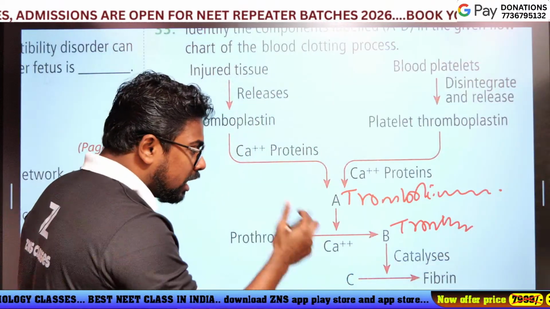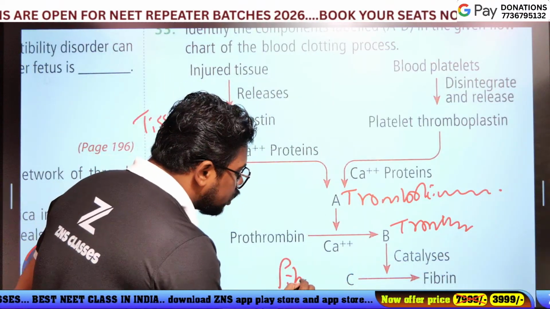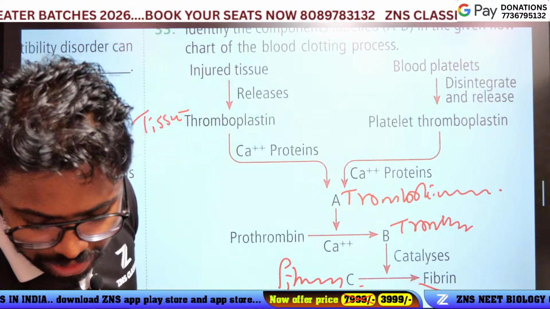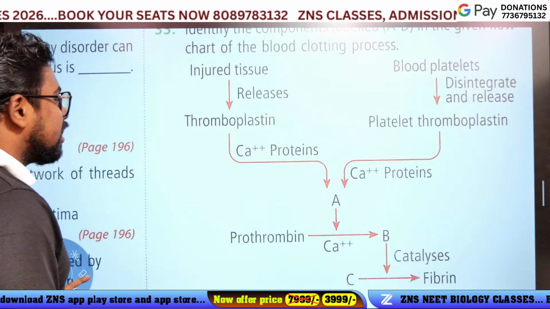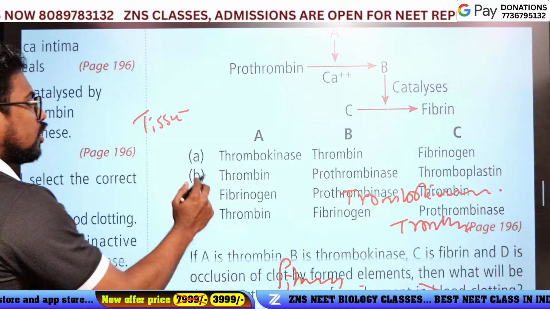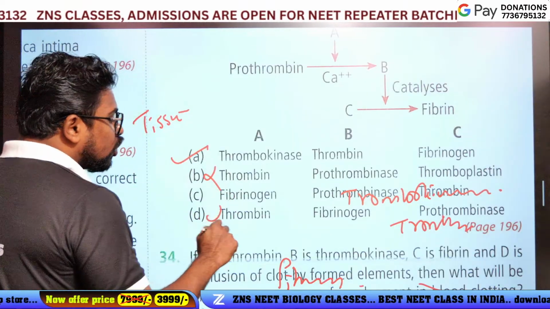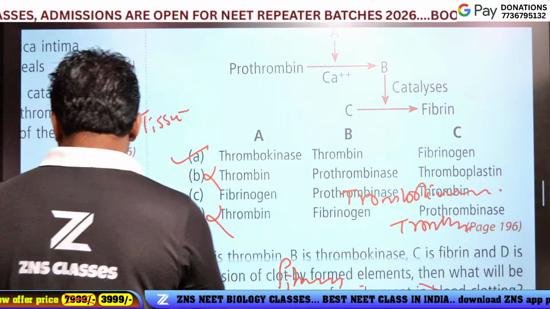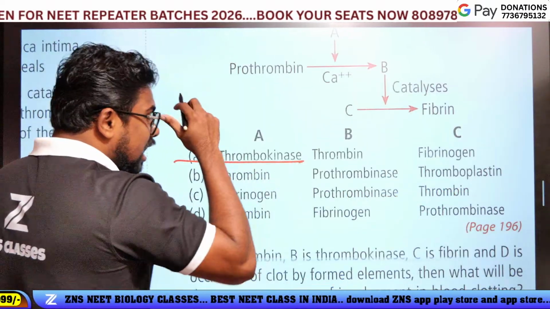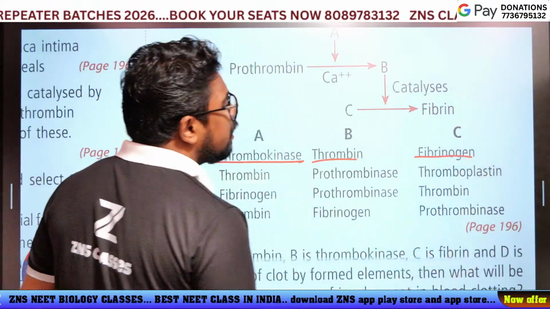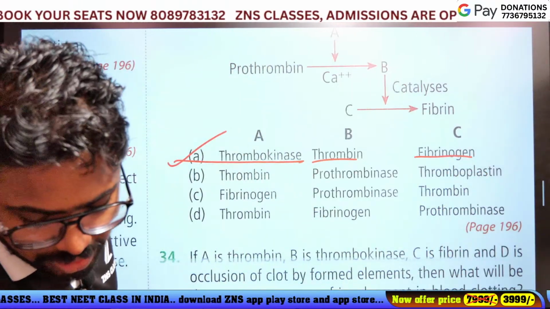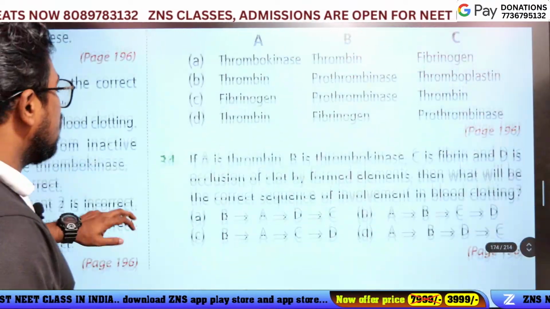Thrombin converts fibrinogen into fibrin. You understood? It's simple. Which is the answer? Thrombokinase, not thrombin, so option A is the answer. It's just confusing. A good question, guys. Super question.